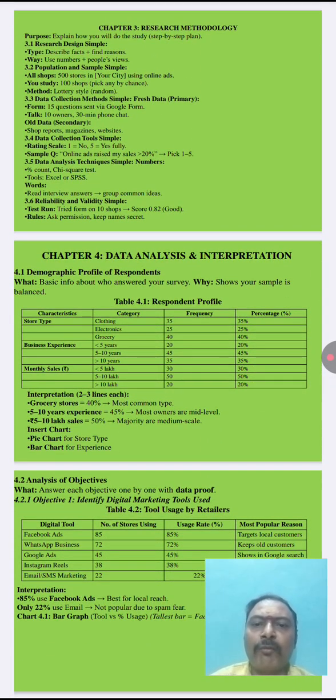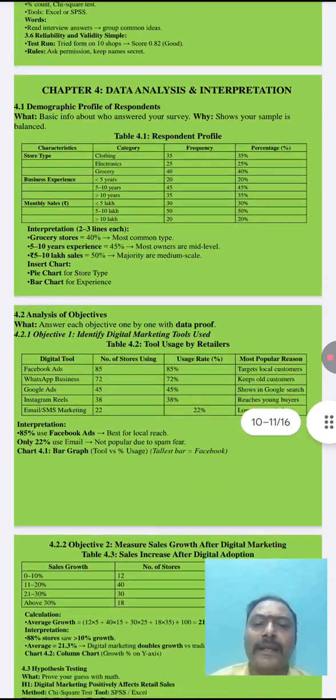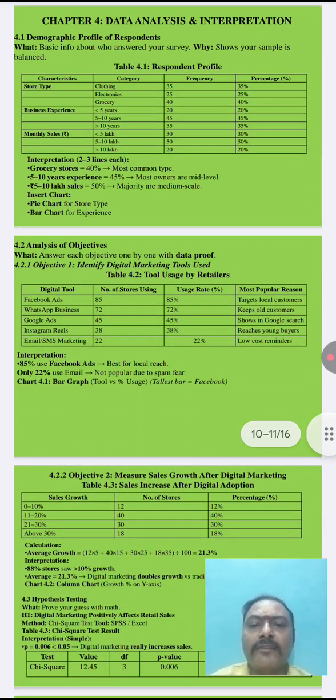And chapter 4, data analysis and interpretation. In your data, prepare the table format, with clear, easy-to-understand numbers: mention the number of frequencies and the percentage, and below it write one paragraph of interpretation, highlighting whatever is high and whatever is very low, so it is easy to understand. Additionally, you add a chart, pie, bar or line chart. Make it colorful so the presentation or project is very easy to understand.